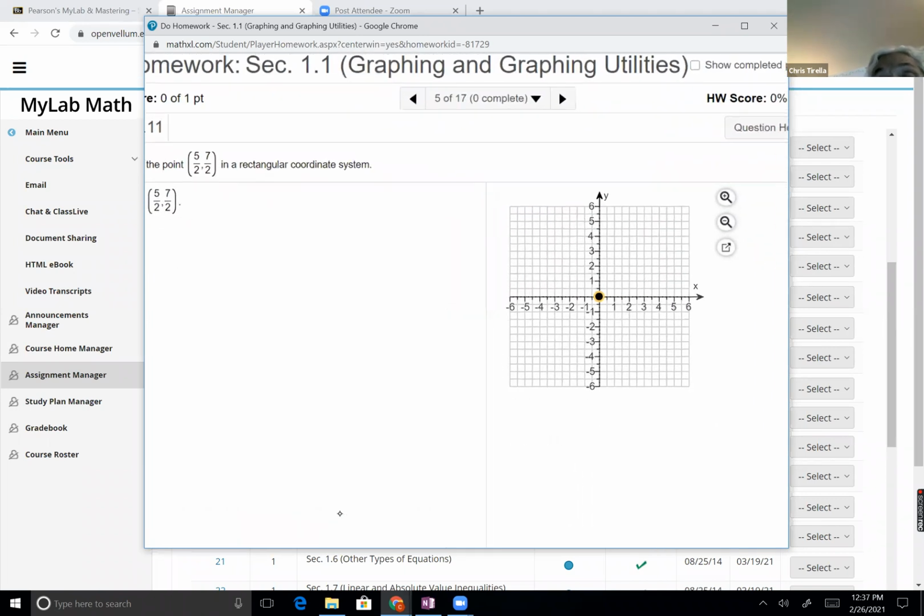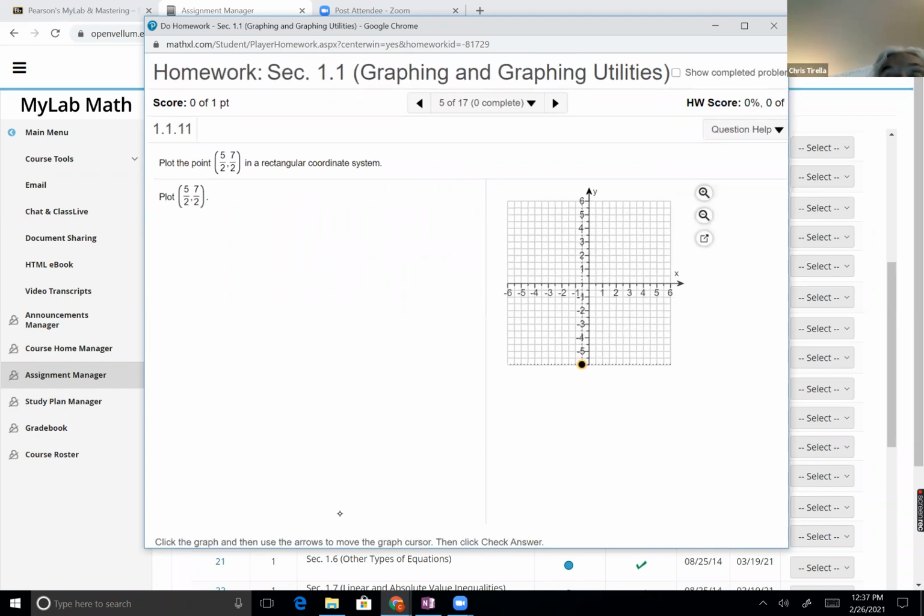Yeah. Okay. Here we want to plot the point 5 halves, 7 halves. And what makes this one a little bit challenging is that we have those fractional coordinates. But as I look at my graph paper here, the grid, do you see that there are 2 blocks for each number? And so when I move over a block, I move over a half.